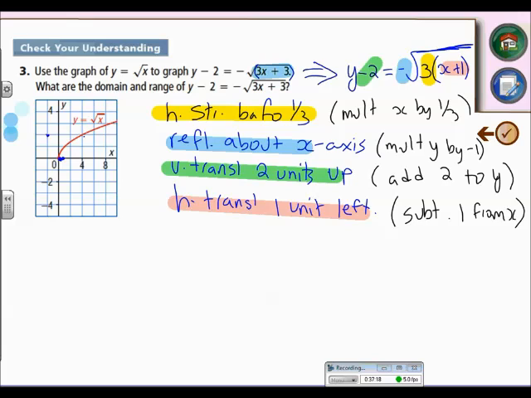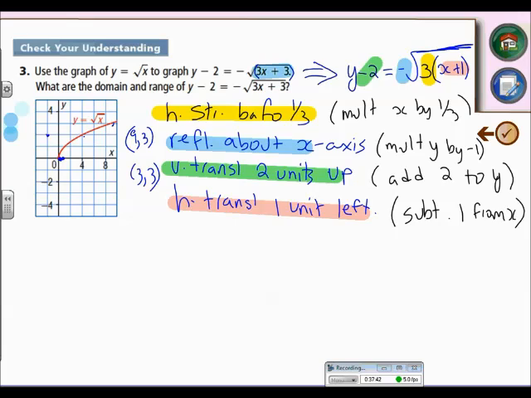And now we've got the other easy point, the 9, 3. So 9, 3 is the point we're going to look at now. We take it and multiply by 1/3, which takes us to 3, 3 after the first one.